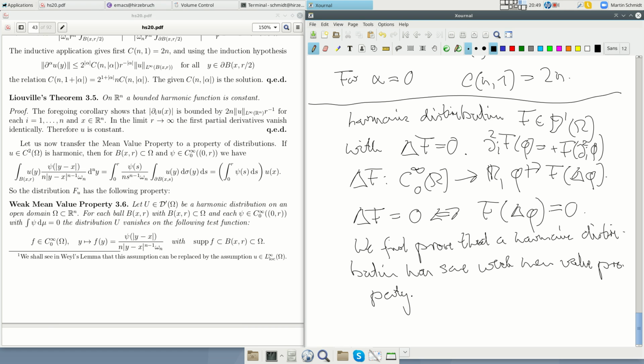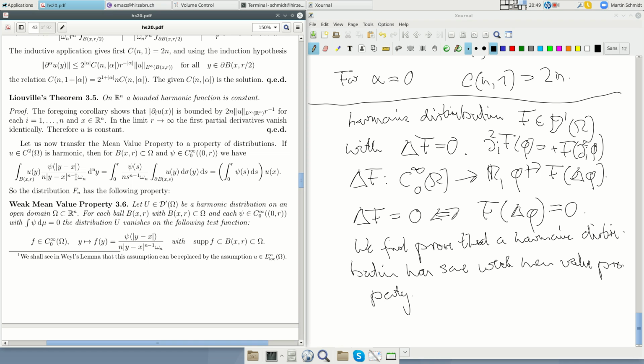So in order to do this, we should formulate the mean value property for distributions. And I claim, by the mean value property, here we do a simple short calculation.